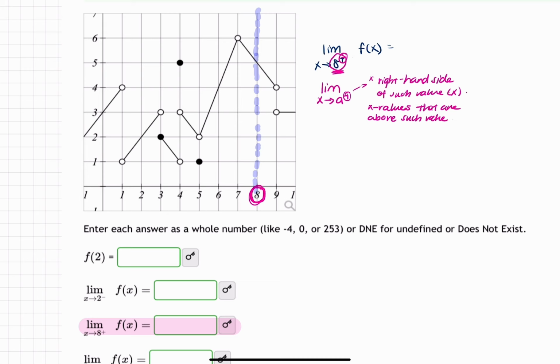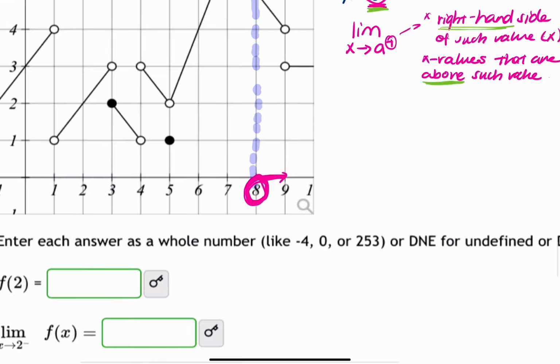Then we're looking at the right-hand side, or the values above such a value, which means we're investigating the part right here, the right-hand side of our value 8.